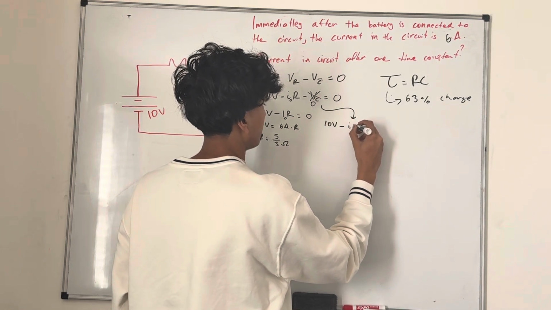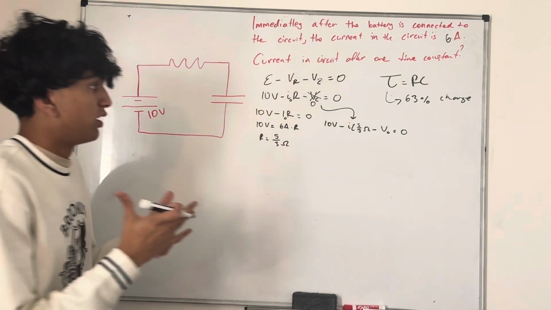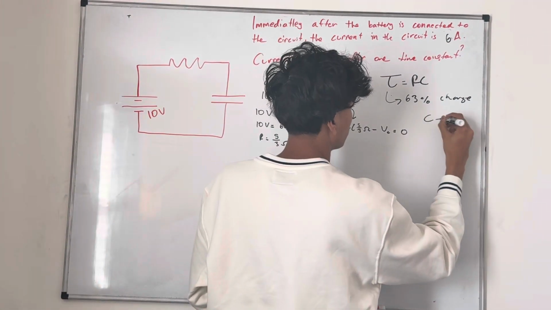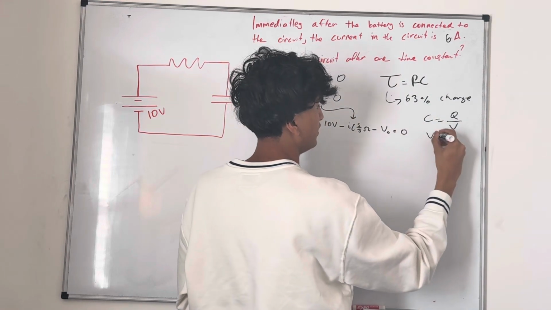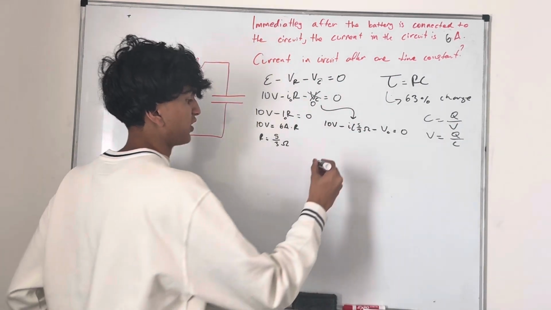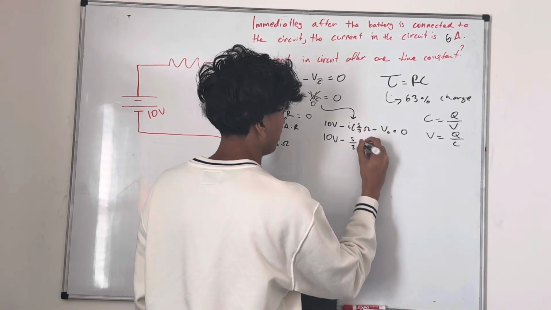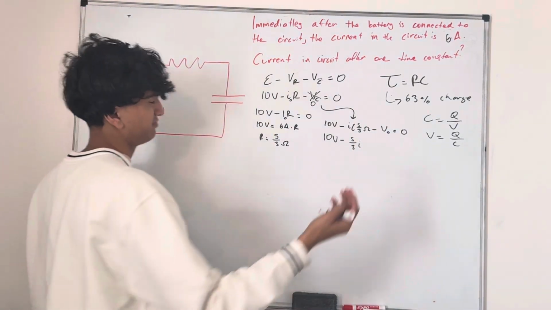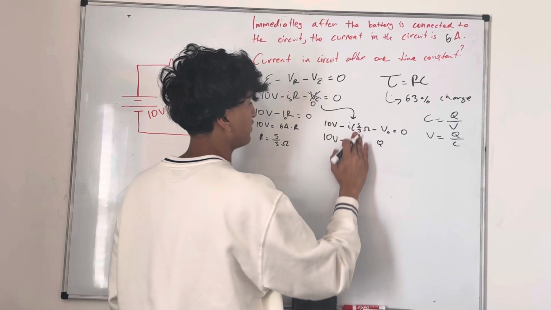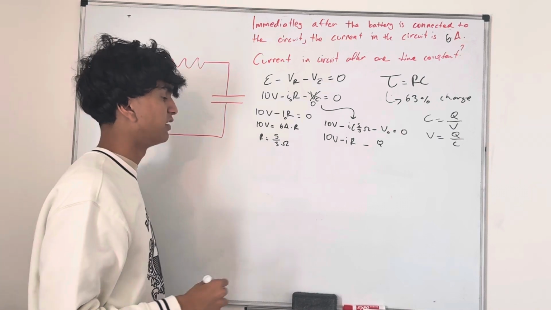I times 5/3 ohms minus V capacitance equals 0. For the voltage across the capacitance, you can remember C equals Q over V, so I can solve for V, and I get V equals Q over C. So I can say 10 volts minus 5/3 I minus Q over C. Actually, no, I'll just leave it as IR, because I don't like when there are no units, and I'll substitute it in at the end.